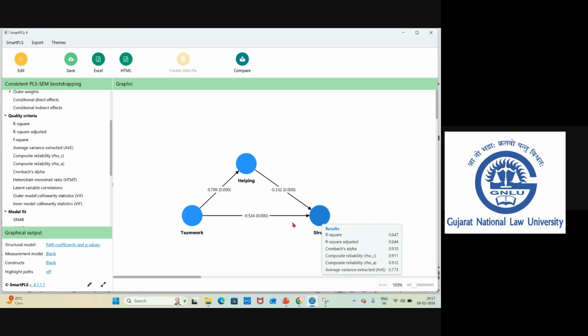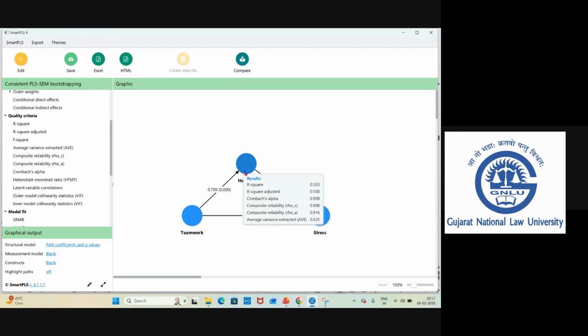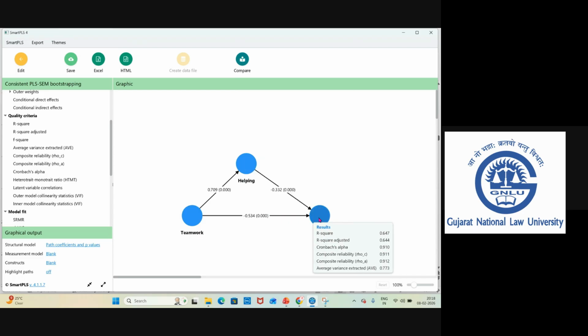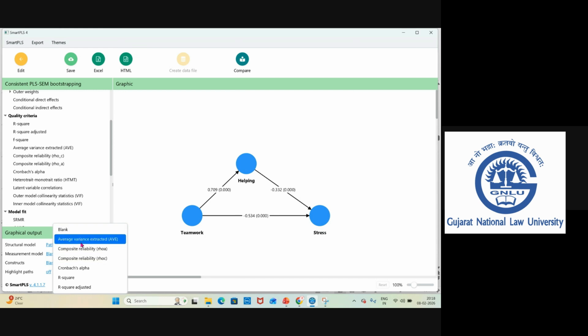Okay, I can see teamwork is influencing, helping behavior also influencing. We have significant results. But I just want to know, both the variables together, how much variance are they able to explain in the dependent variable? For that, I'm going to use the construct that is R square.